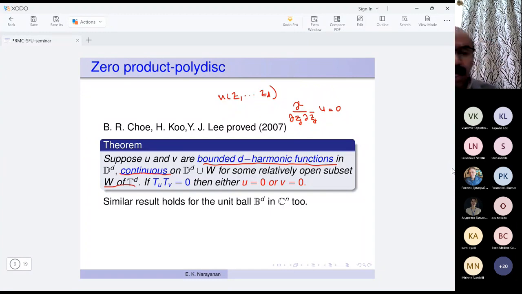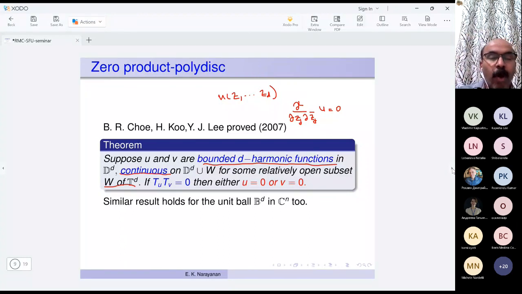So the d-th power of the torus is the distinguished boundary of the polydisk, and it has to be continuous on an open subset of T^d. Okay, if under these conditions we have this zero product theorem, that is if T_U T_V equals 0, then either U equals 0 or V equals 0.